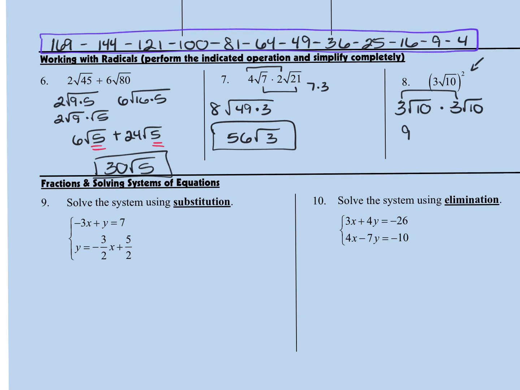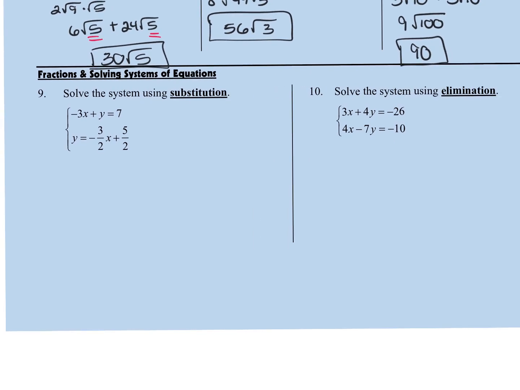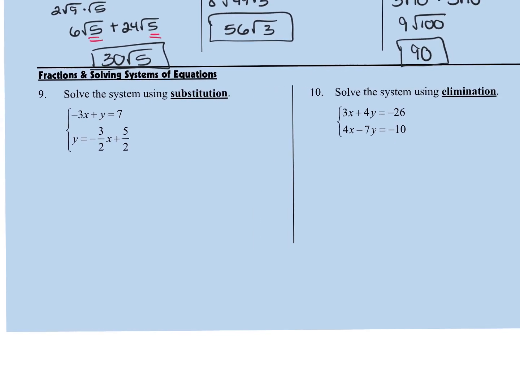If you're not 100% sure about that, go ahead and write it out like this. Multiply those radicands and you'll see square root of 100, which is of course just 10. So when I square that radical, I should not have a radical left in my final answer, and my answer is 90.